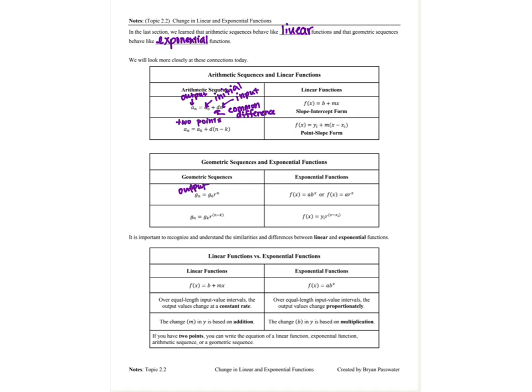G sub 0, what's that going to be? Initial. What do we call R? In Algebra 2, I taught you that's the growth or decay rate. It's the ratio, the common ratio. That's R. And then this little bitty n up here, what's that guy?